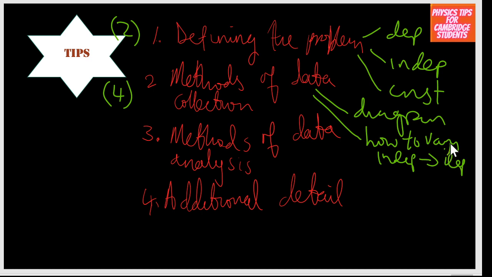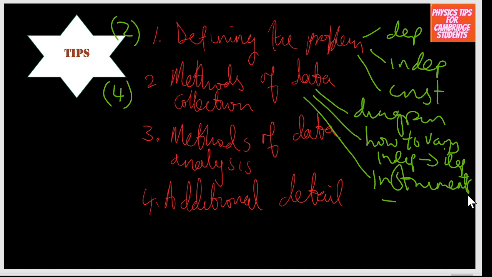And then the third one would be the instruments that are being used in the measurement process. For example, measure x using a meter rule, measure time using a stopwatch, and so forth. So the diagram itself carries 2 marks, and the other 2 marks you get from the other pointers that I've given there.